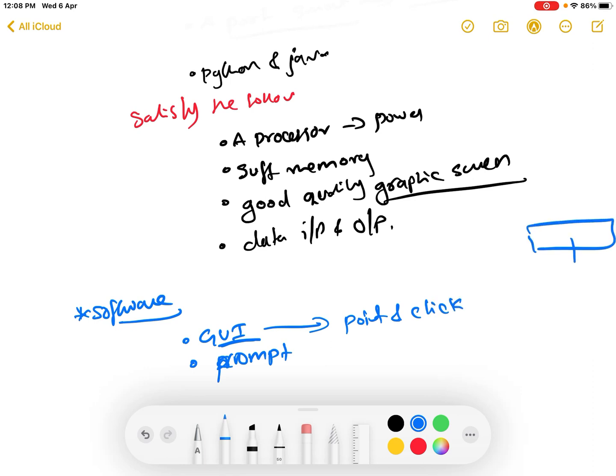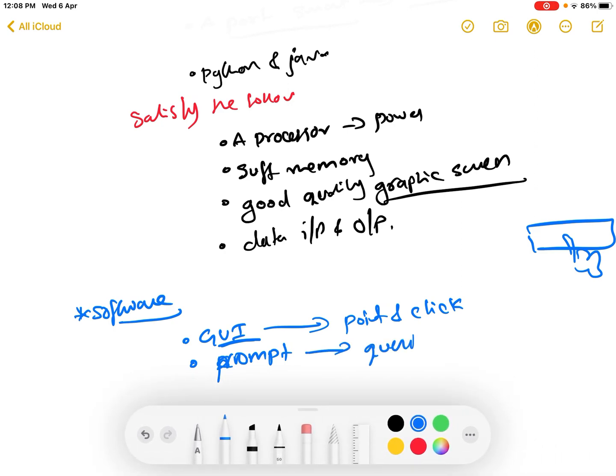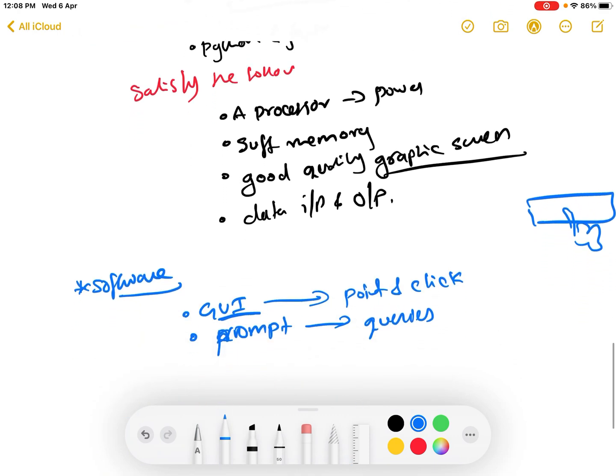In a graphical user interface you have a point and click mechanism, where there is a menu and you can click on it to get the action done. But in the command prompt you use queries to do the actions. So that is the software that we use.